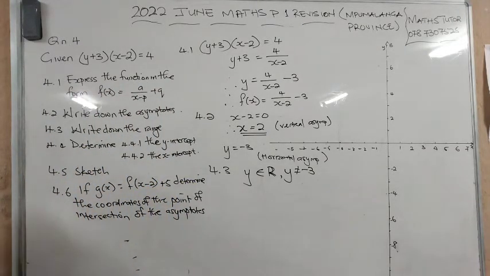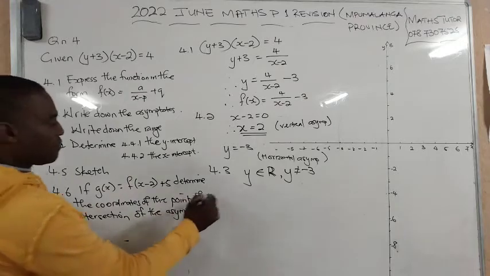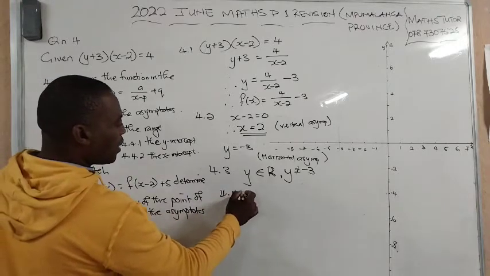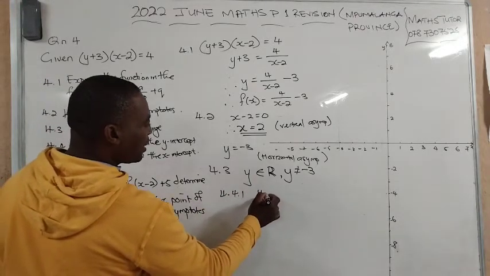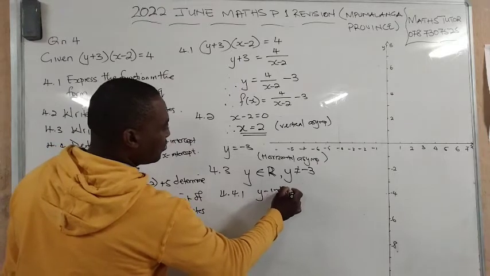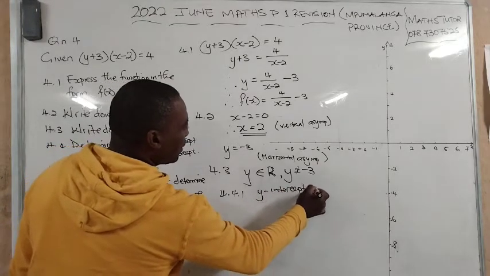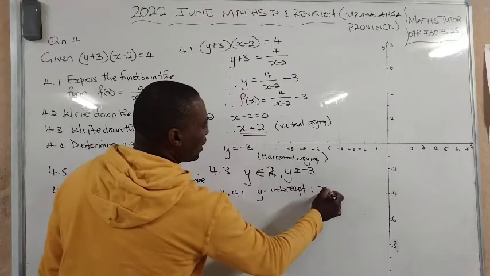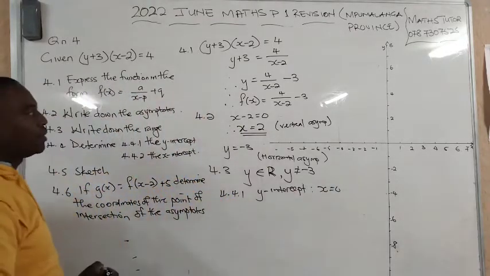Okay, then 4.4, we are asked to determine the y-intercept. 4.4.1, we need the y-intercept. And we get the y-intercept when x is equal to 0.